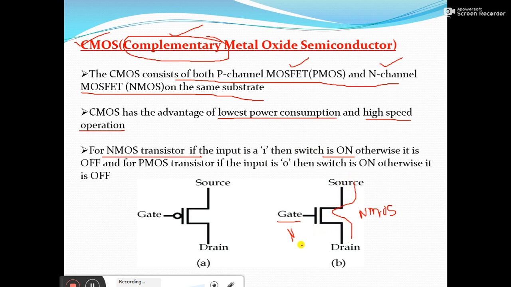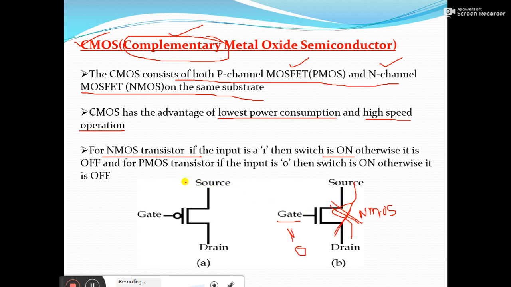If the gate is 0, there won't be any bridge from source to drain, meaning there won't be any charge carrier flow, or you can say the current will be 0, or this switch is in the off condition.